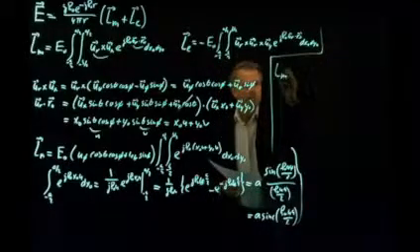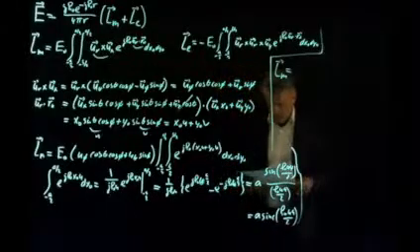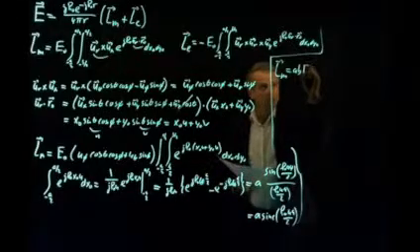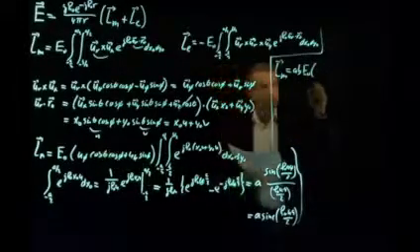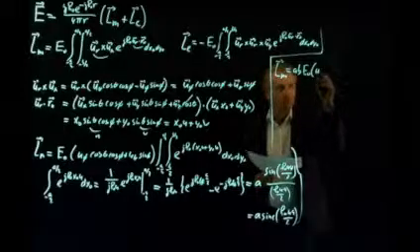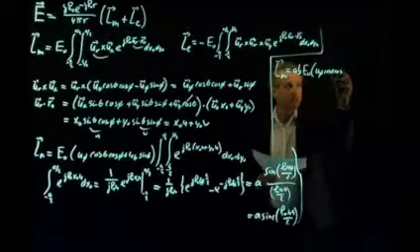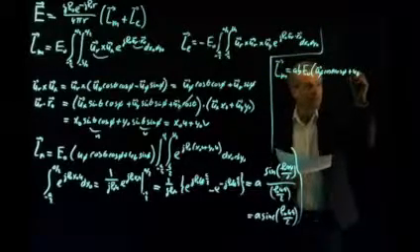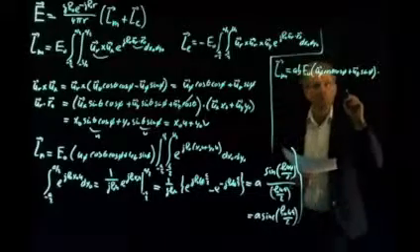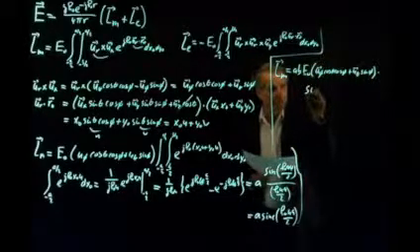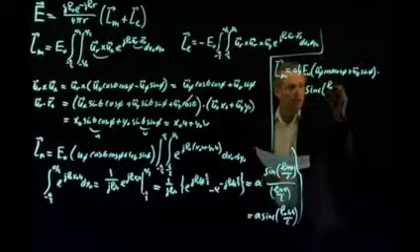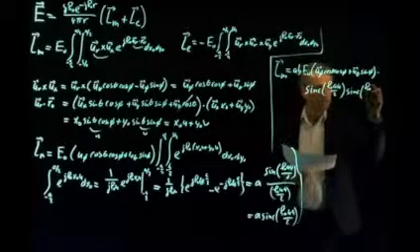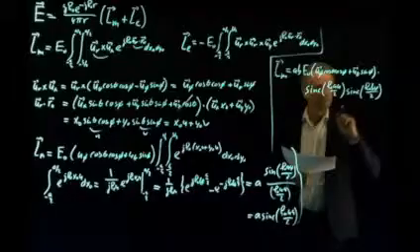Then Lm is given by a times b times E naught times this vector expression, so that's u phi cosine theta cosine phi plus u theta sine phi, times the two sinc functions: sinc of k naught a u divided by 2 times sinc of k naught b v divided by 2.